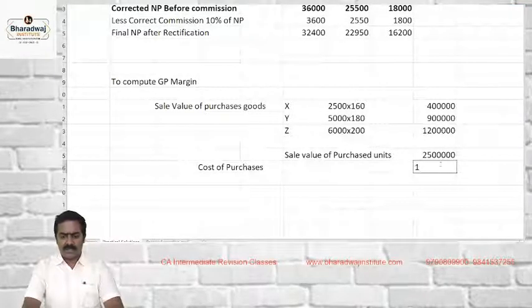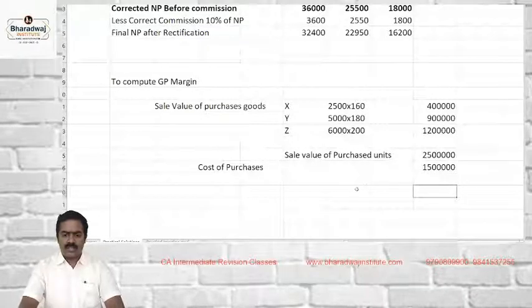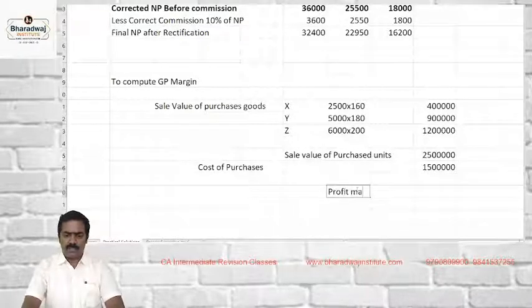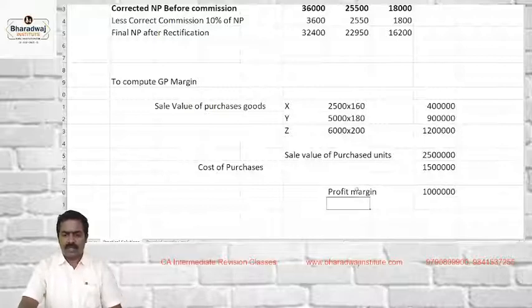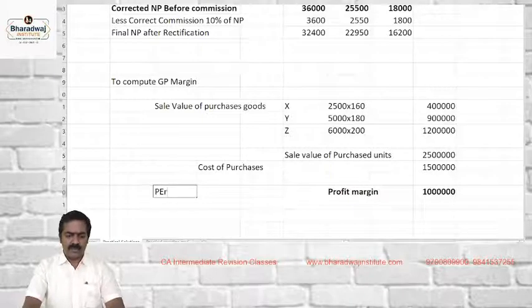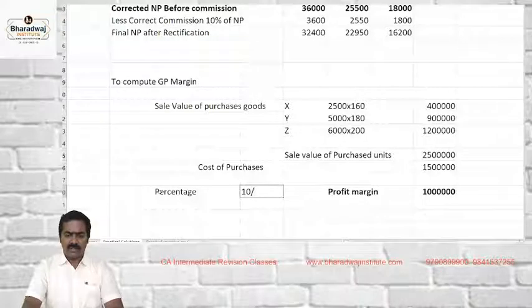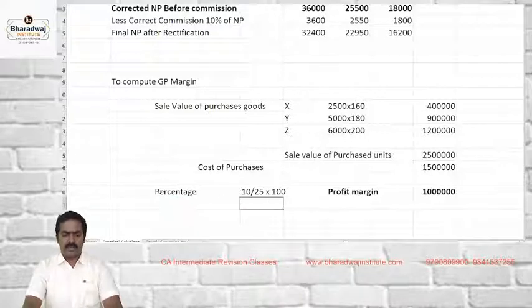So we get the profit margin. What is the profit margin? 10 lakhs. If you work out the percentage, simple: 10 lakhs out of 25 lakhs into 100. How much percentage? 40%.